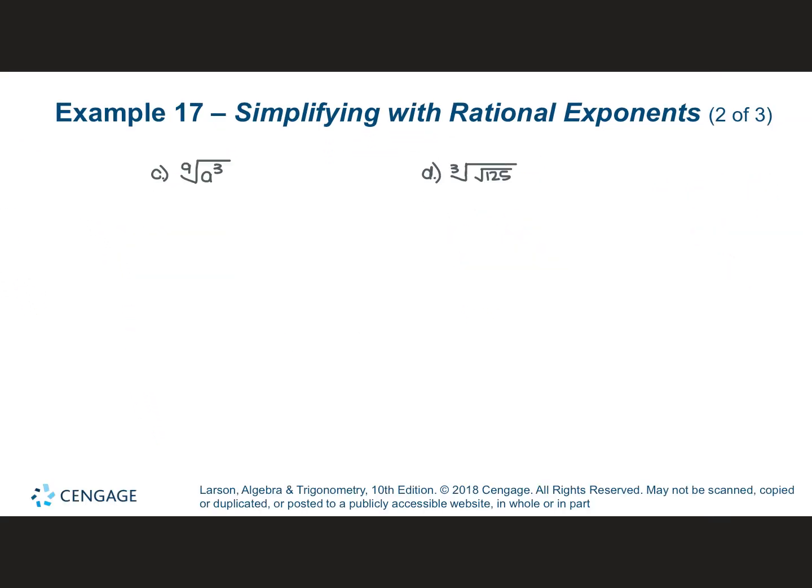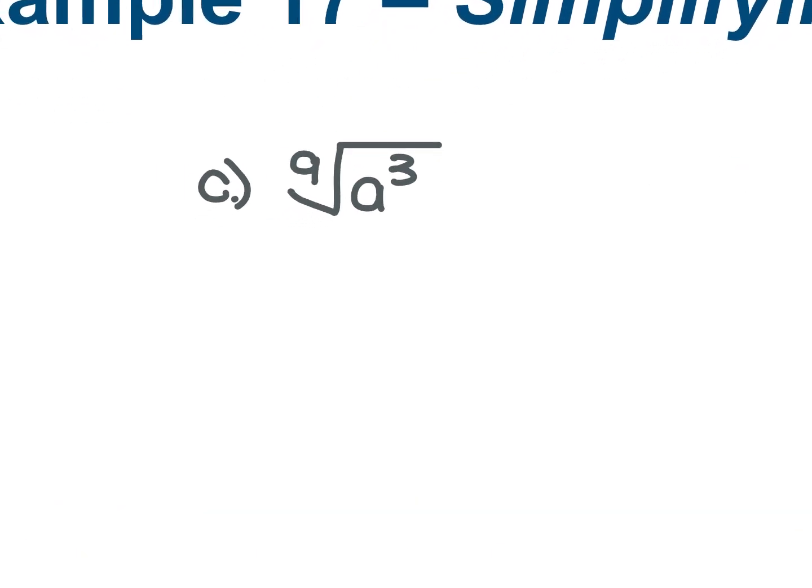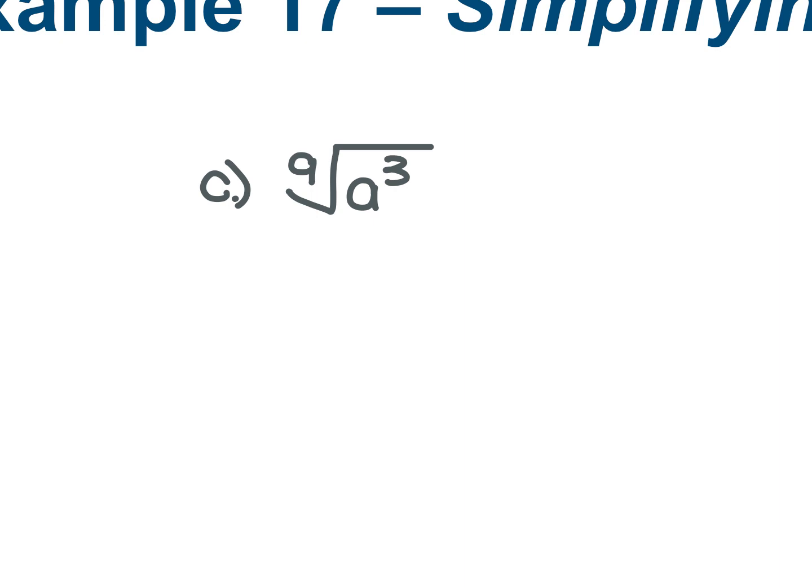All right, last slide. Let's look at number C. So we want to simplify. We only have 3 a's if we write it out, 3 a's under our radical. We don't have a group of 9 that we need, so we can't simplify it that way, but we can turn this into a fraction and see if we can simplify the fraction.